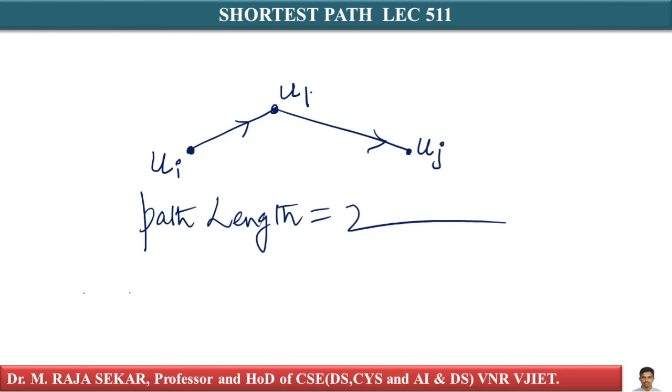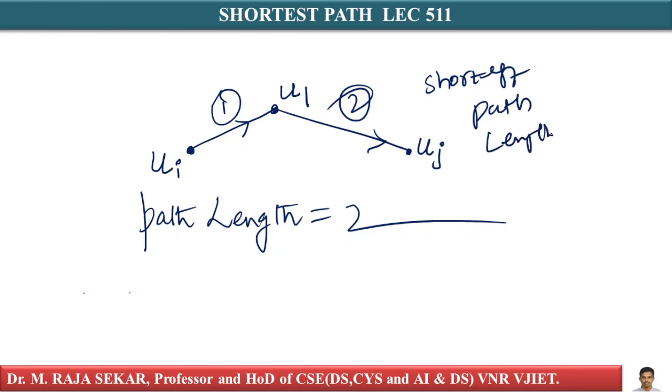That means the length of the shortest path is 2. What is the reason? Here you have two edges, first edge, second edge. There are two edges, therefore the shortest path length is equal to 2.